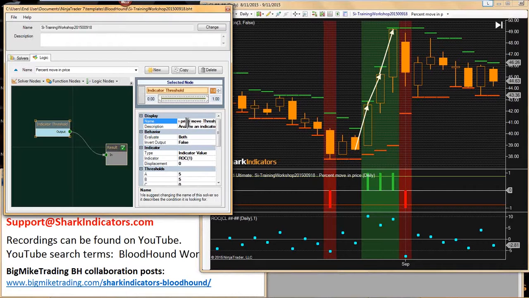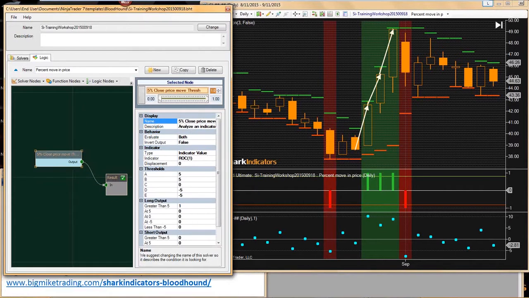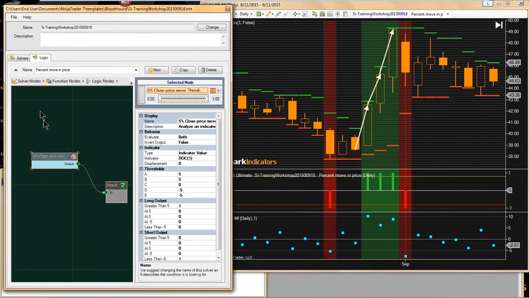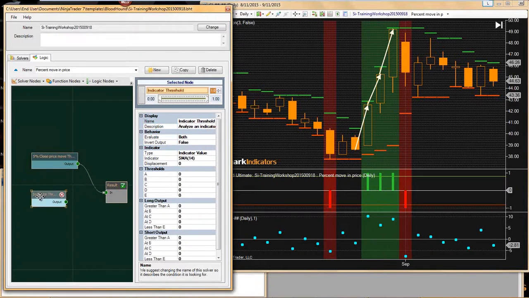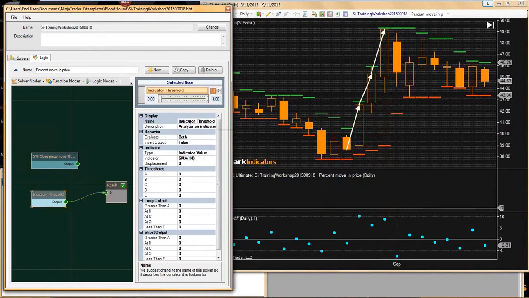All right. So let's grab another threshold solver, and this one we'll have it look at 5% high price move.